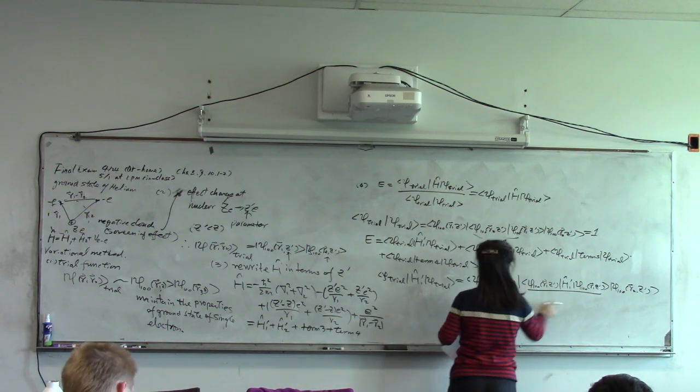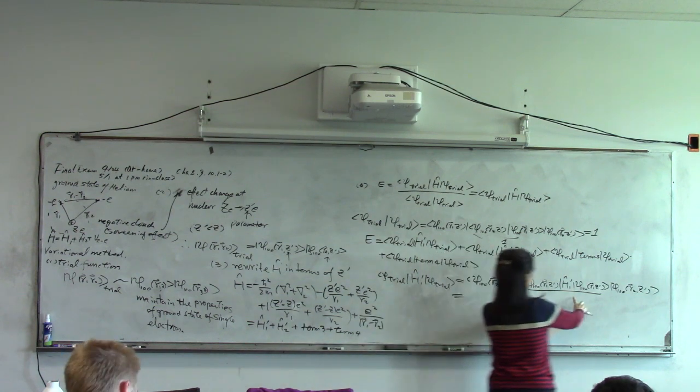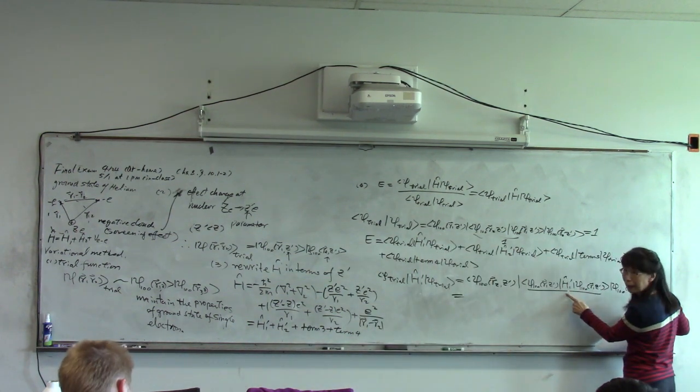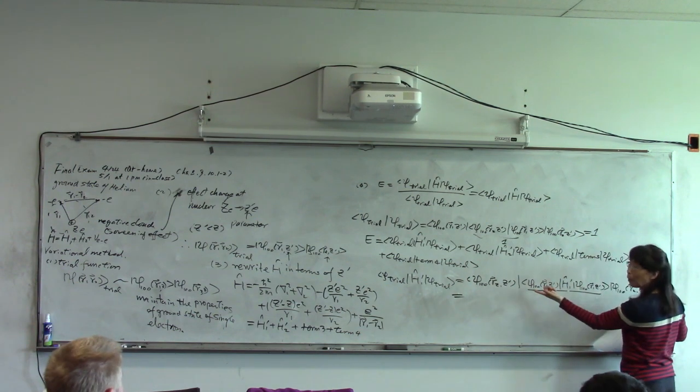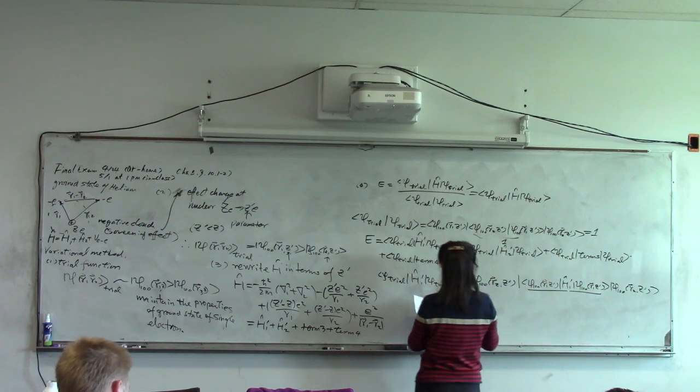So this gives us E1, and the remaining two are normalized. So that is just E1.